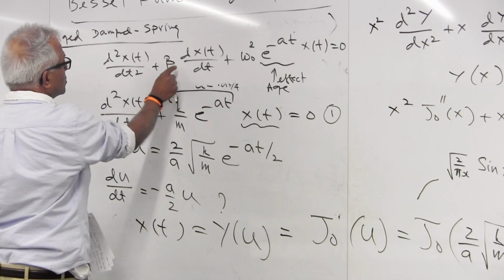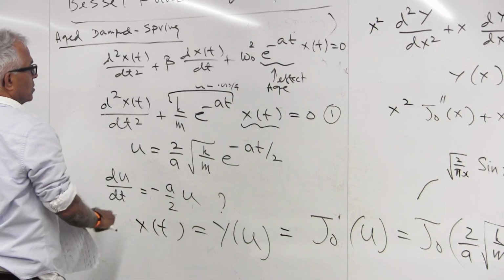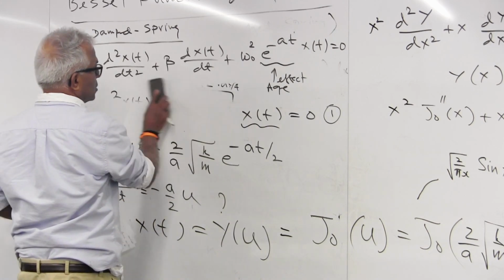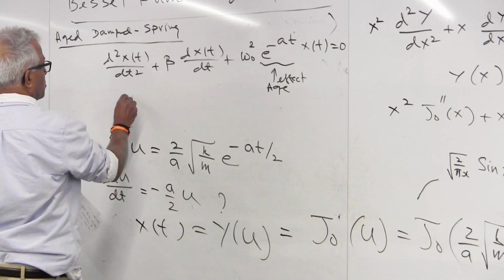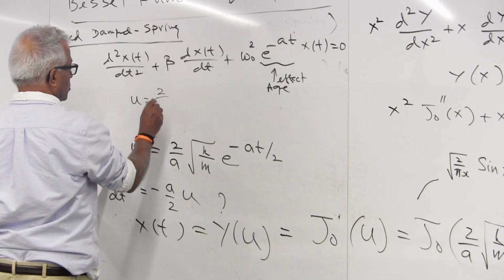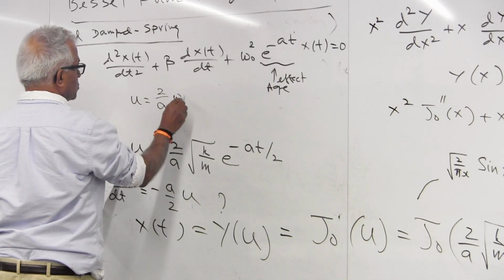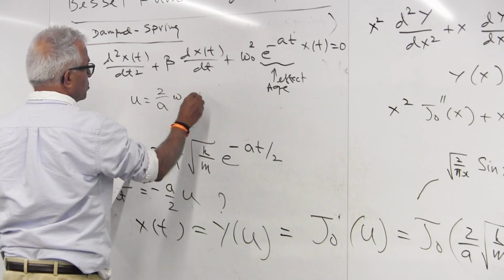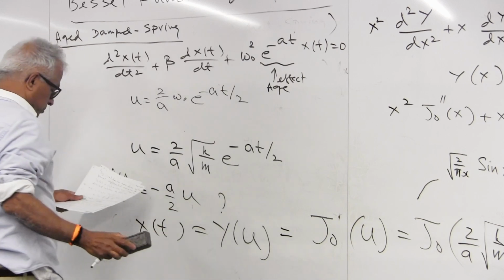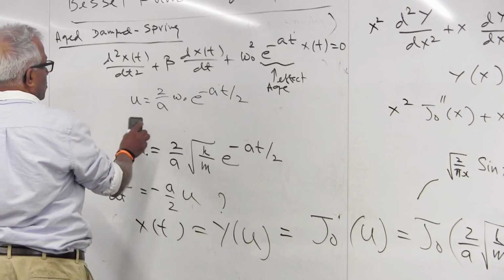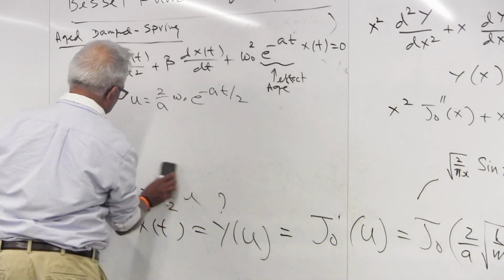Notice this is where the damping comes in. Since this worked so far, we'll use the same variable u equal to 2 over a, omega 0, e raised to minus at by 2. So we have all the quantities worked out, we just have to plug it in here.